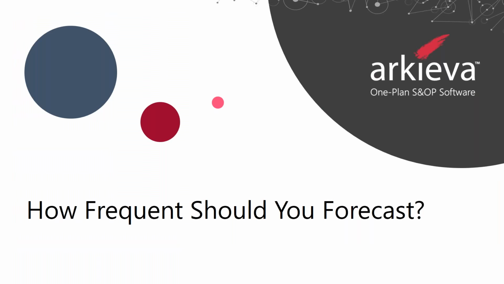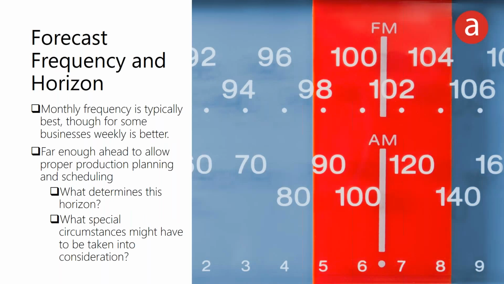Okay. So a few more things that should be considered, as well as the levels that I just mentioned, are frequency and time horizon. I was answering the question before on why we need to do this on a regular basis, but now, how often do I need to look into my statistical forecast? A good practice, typically, is a monthly frequency.